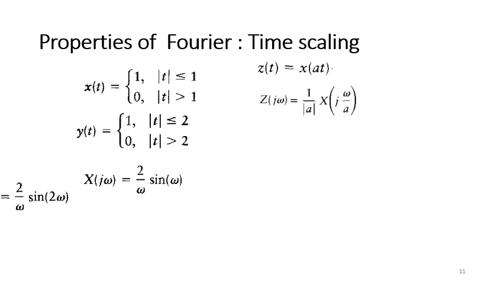For example, we have a signal x of t equals this, right? And we have its scaled version y of t, and y of t equals 1 for absolute t less than or equal to 2, right? So that means we are scaling it by a factor of how much? 1 by 2.